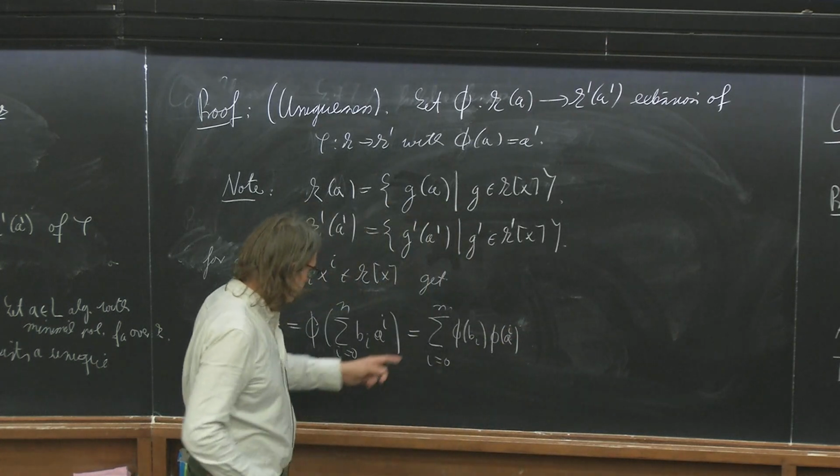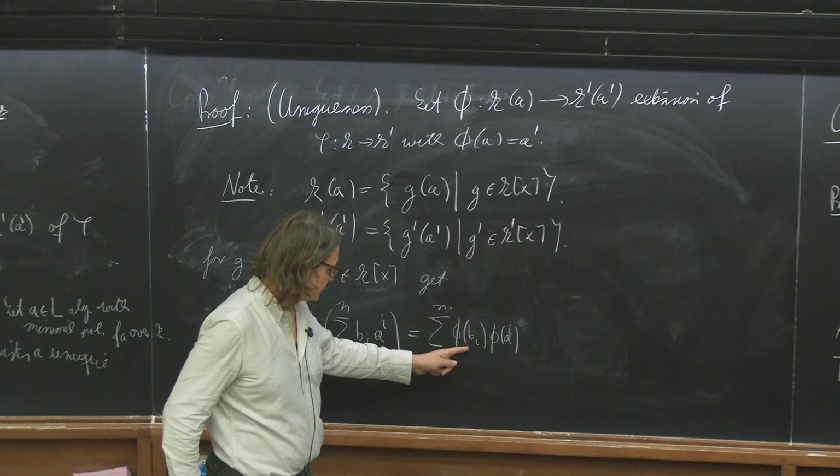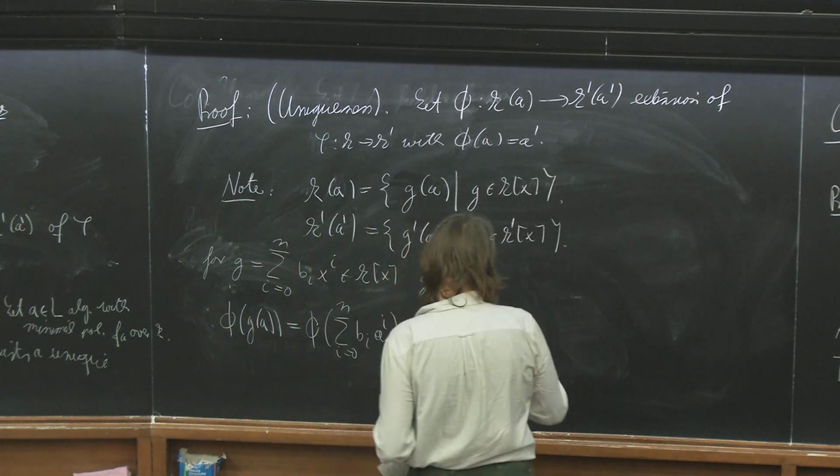And now we know that b_i is an element of small K, so this just becomes small phi of b_i, and this pulls out.